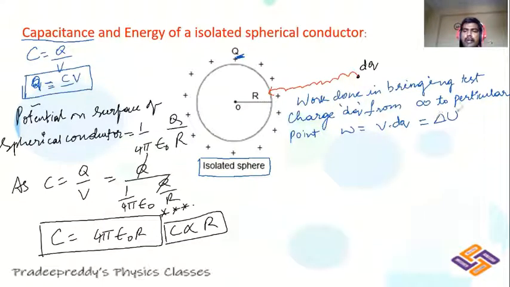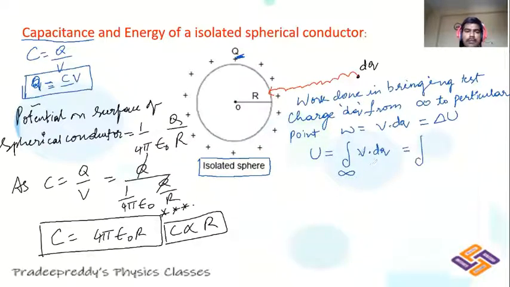In order to find the potential energy stored by this conductor, you should just find this V dq, right? So in order to find the electrical potential energy, I'll just integrate V into dq. You are bringing this dq charge from infinite position to a particular point, right? This is equal to the integration.